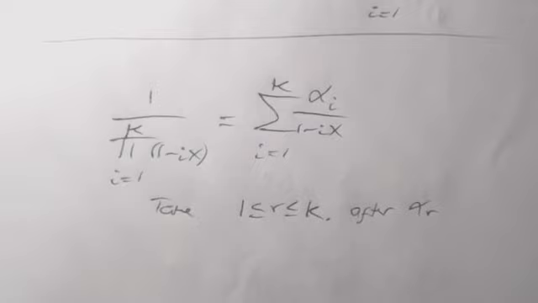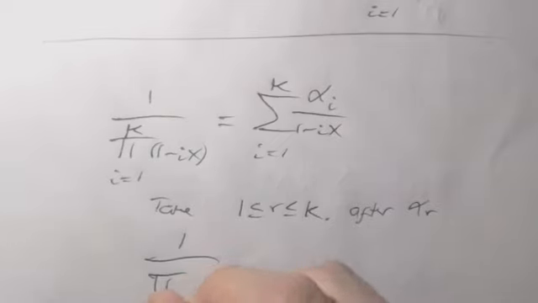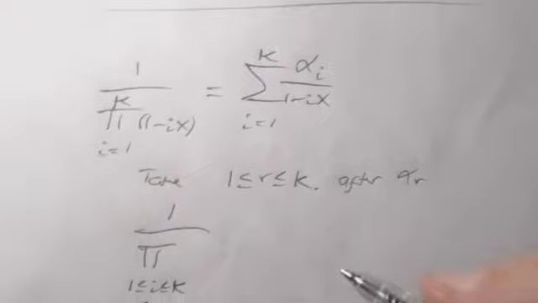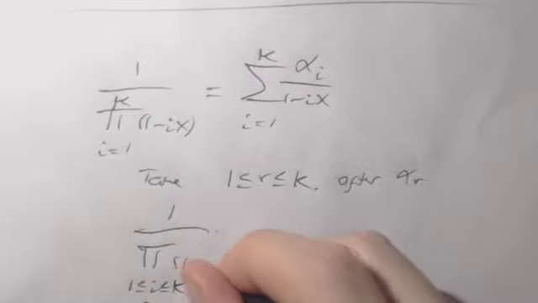And the trick is to multiply both sides by 1 minus rx. And so this on the left is going to become 1 over the product, i between 1 and k, but i is not equal to r. Oops, we missed that one out of the product.